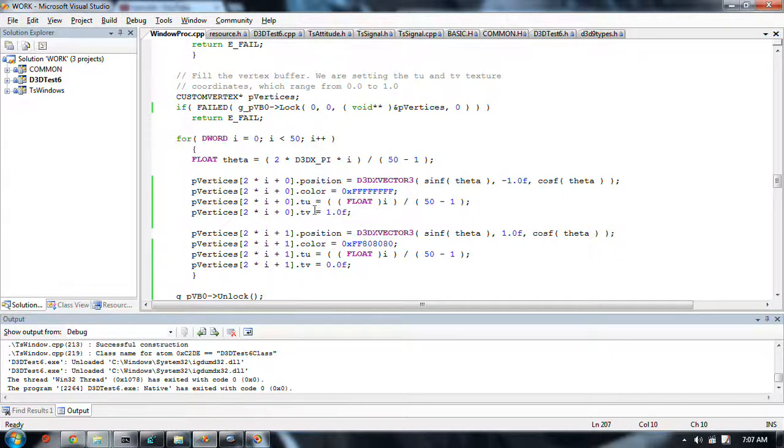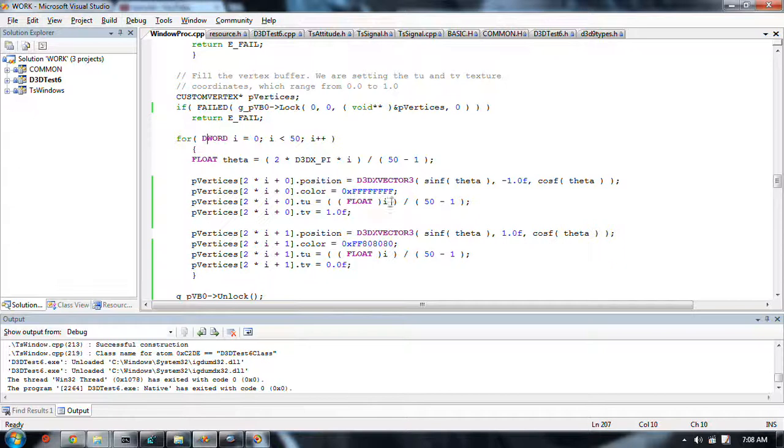The 0, 0 in the UV space would be, let's say, the upper left corner, and 1, 1 would be the bottom right corner. Now this is giving texture coordinates for each of these positions.